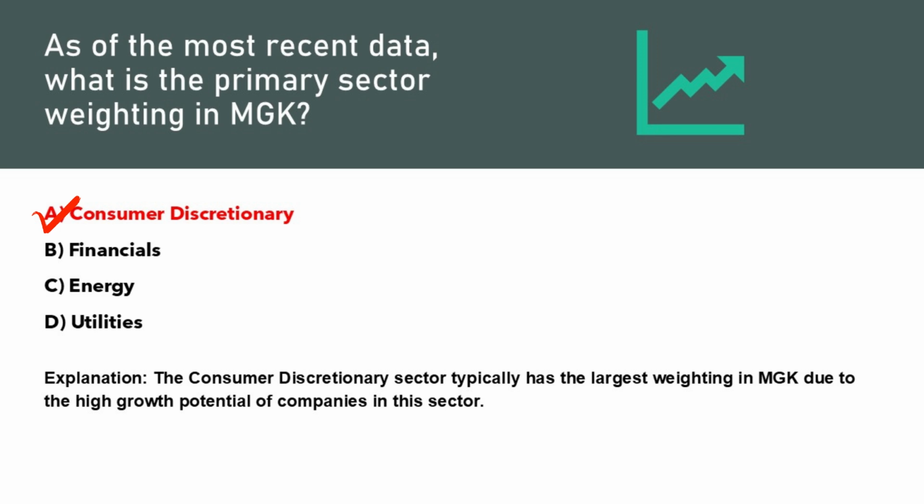Answer: A. Consumer discretionary. Explanation: the consumer discretionary sector typically has the largest weighting in MGK due to the high growth potential of companies in this sector.